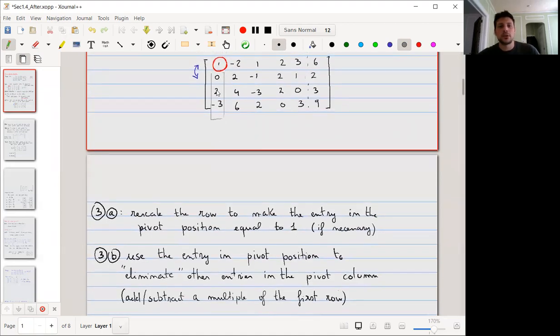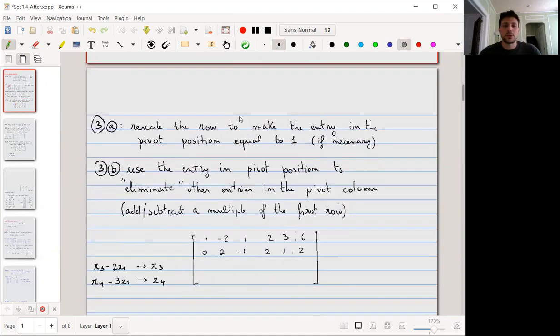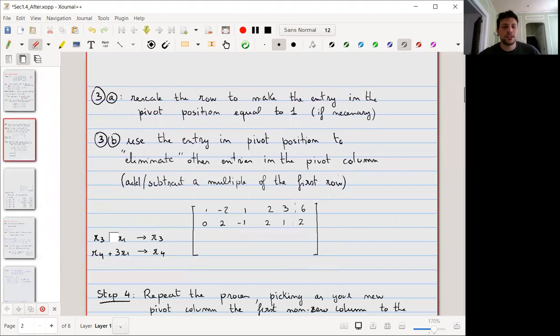For example, to eliminate the entry 2, I will have to take the third row and subtract from it twice the first row. Let's do that in practice. That's what I've written here.